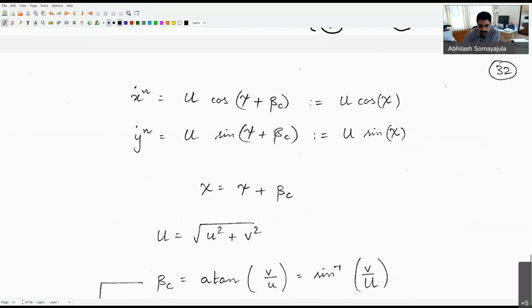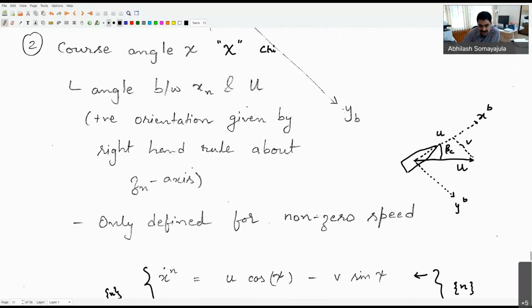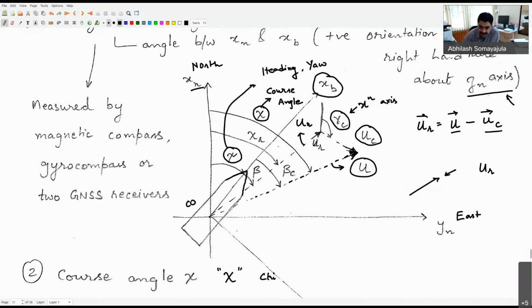Notice that if we go back to this picture, beta c is the angle between the x-axis of the body fixed frame and the velocity vector. That is this fellow, beta c. We defined the course angle as the angle between the NED frame's x-axis and the velocity vector. We defined the heading angle as the angle between the NED x-axis and the x-axis of the body fixed frame.